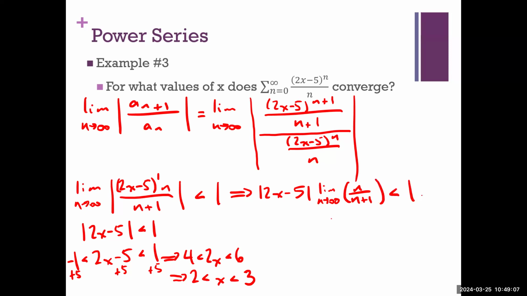So if I pull the x expression out, what's that limit there? What is going to happen to n over n plus 1 as n gets really big? It goes to 1. So I didn't ignore it, but it becomes identical to 1.